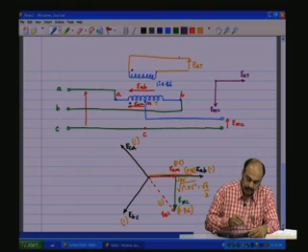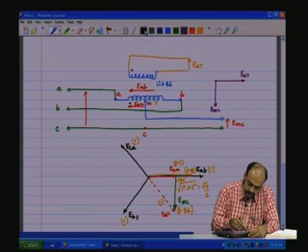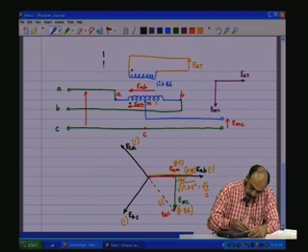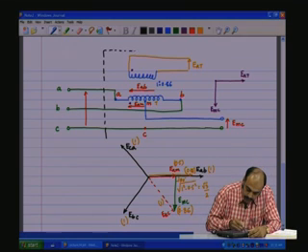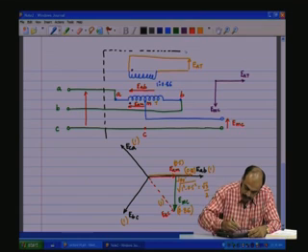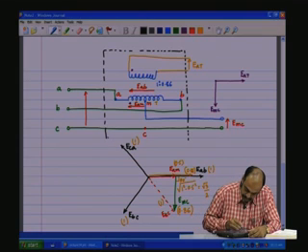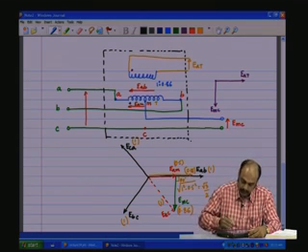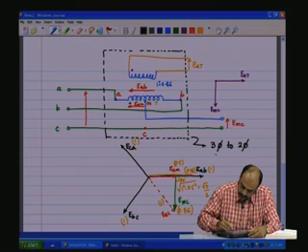This would be a 3-phase to 2-phase system. So, what is being shown here is a 3-phase to 2-phase transformer.